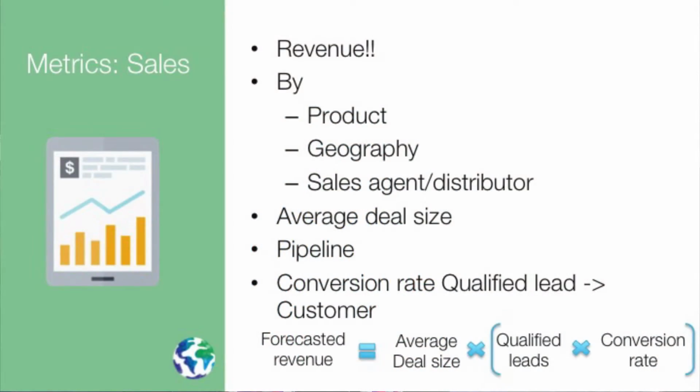And then have your conversion rate from a qualified lead to a customer, so that you can forecast your revenue and understand where you are at any point in time during the quarter. Understand where you are actual to budget and whether or not you think you'll make your goals, and not be surprised at the end of the quarter that all of a sudden you're not going to make your goals.